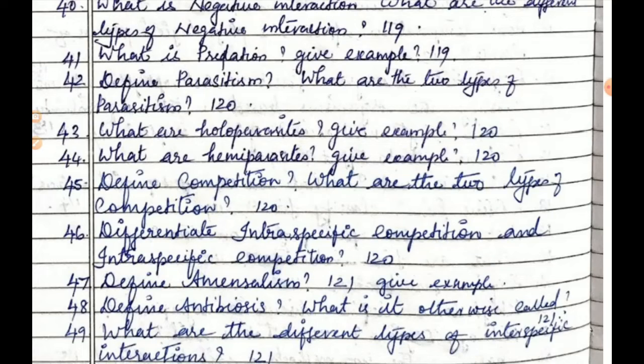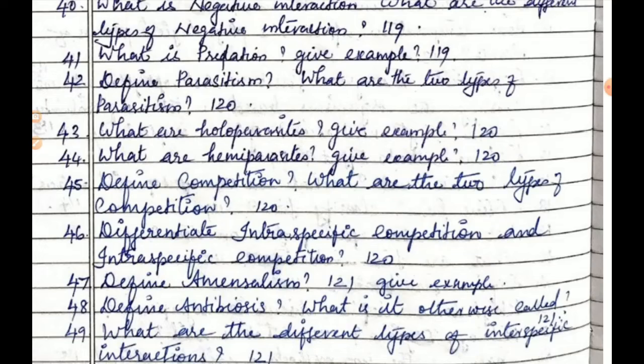Interspecific competition means interaction between individuals of different species. Example for interspecific competition, come to the last line of that passage: the Utricularia competes with tiny fishes for small crustacean and insect.